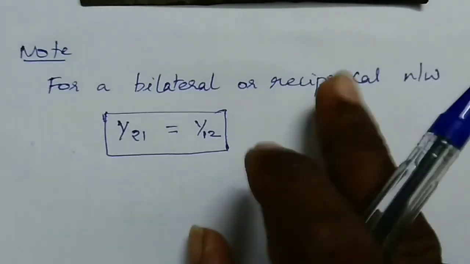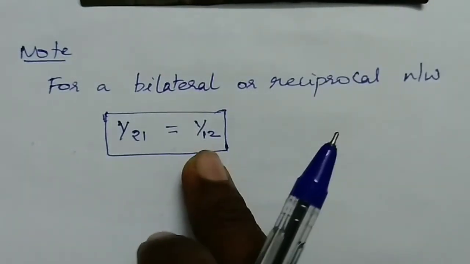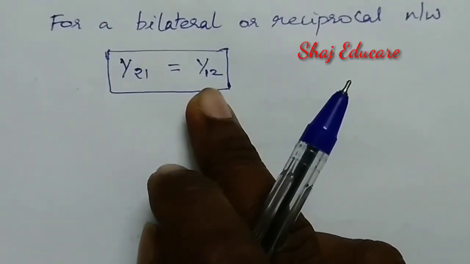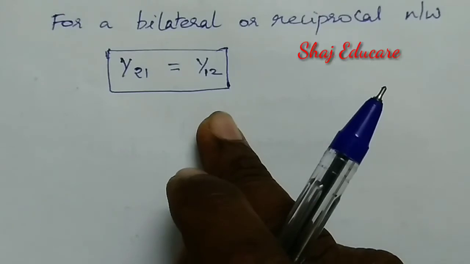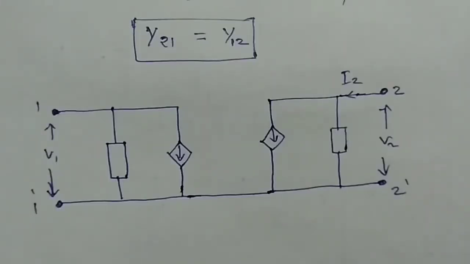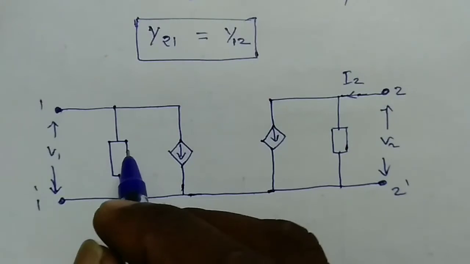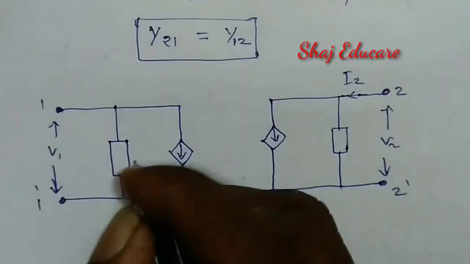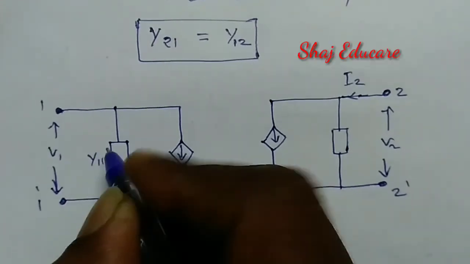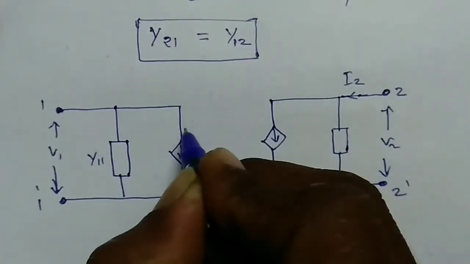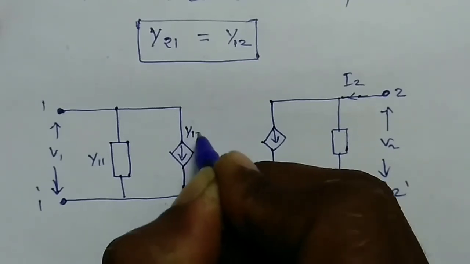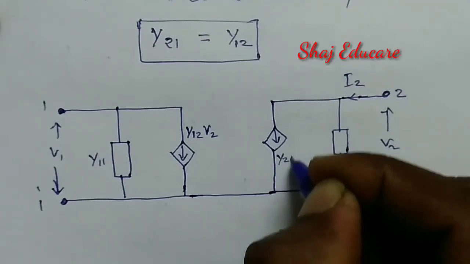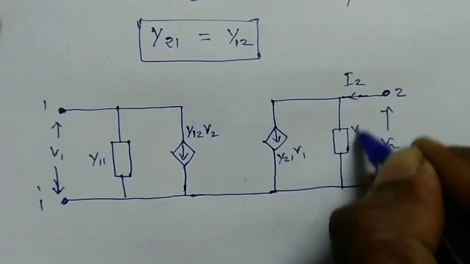So for a reciprocal network, this condition should be satisfied, and the equivalent circuit for the short circuit admittance parameters can be drawn as this. This is the equivalent circuit, and we need to learn this circuit by heart. This is y11, this one is y12 v2, this is y21 v1, and finally this is y22.